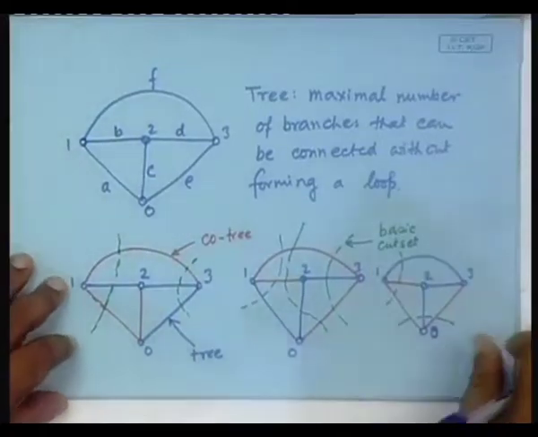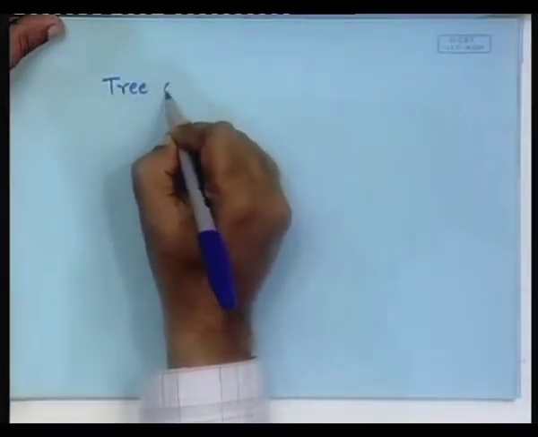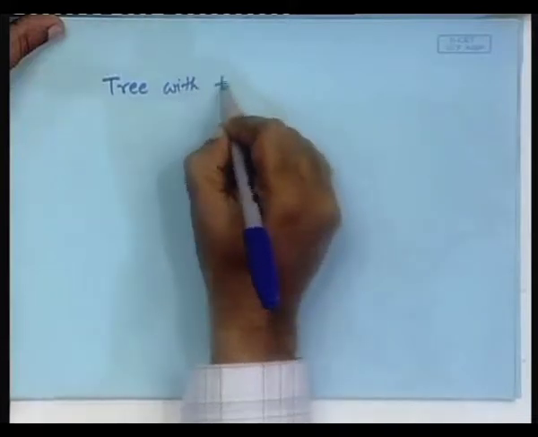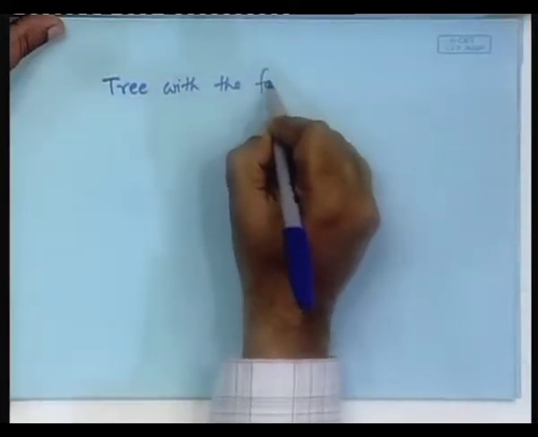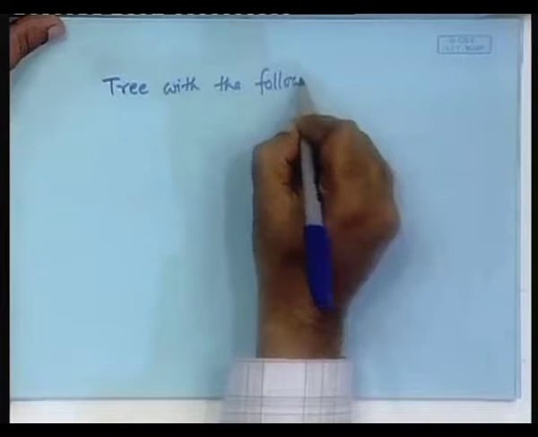There is a specific choice to that. We will choose that in some order of priority. Out of the various possible trees, we will choose that particular tree with the following properties, following priorities.